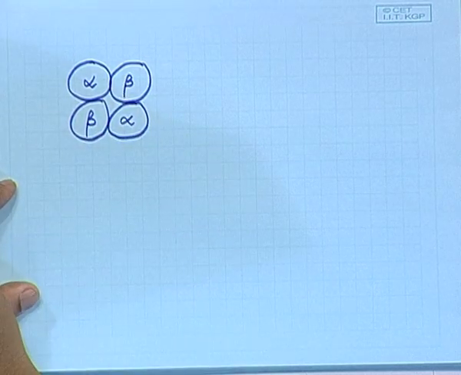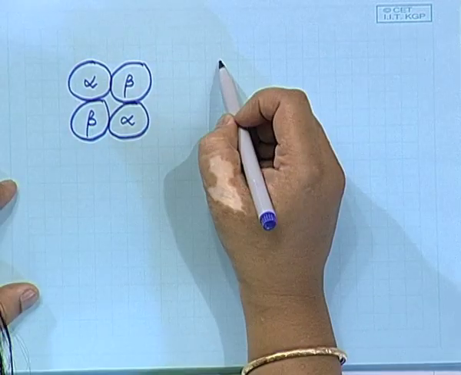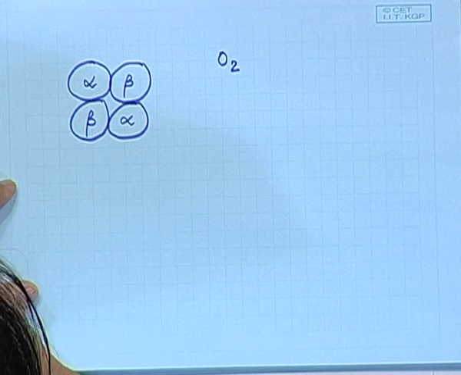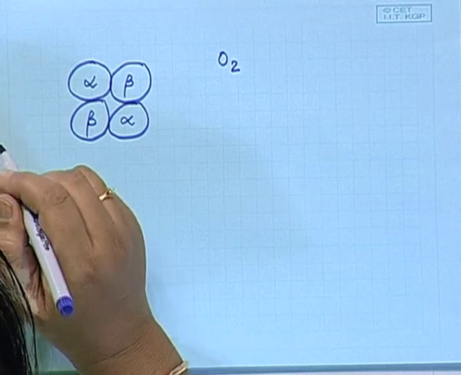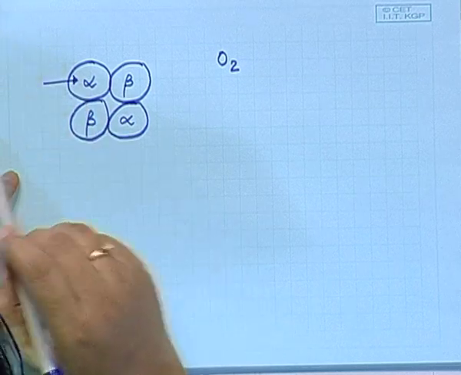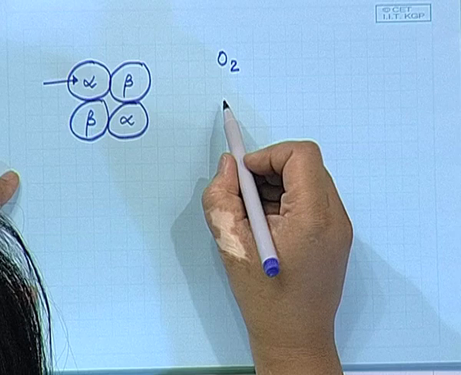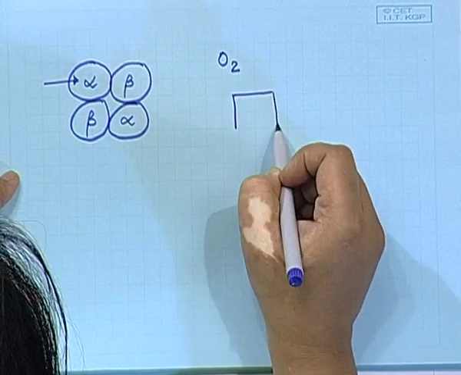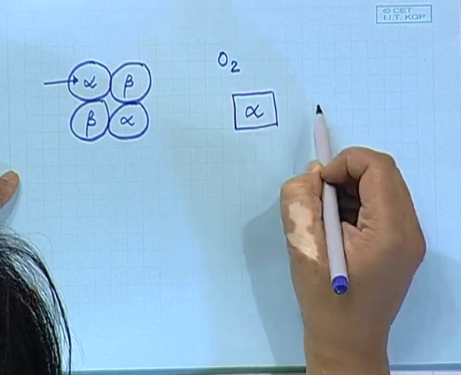Okay? Now, what happens is each of these bind an oxygen molecule. An oxygen molecule is a small molecule. Now, when it binds to, say it binds to this alpha. If it binds to this alpha, there are some mechanisms that say that the conformation of the alpha changes slightly into becoming like this.